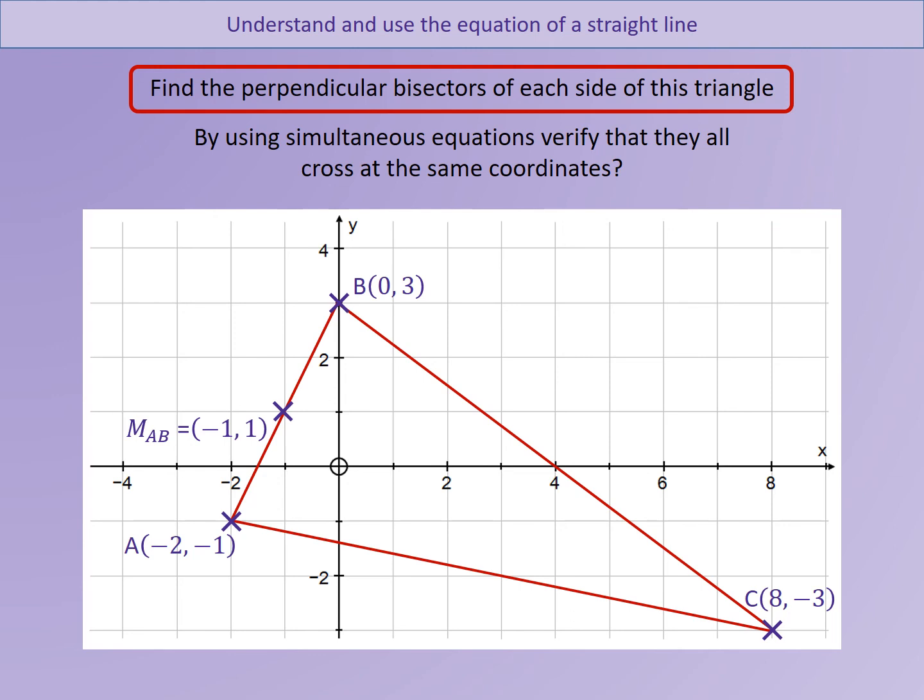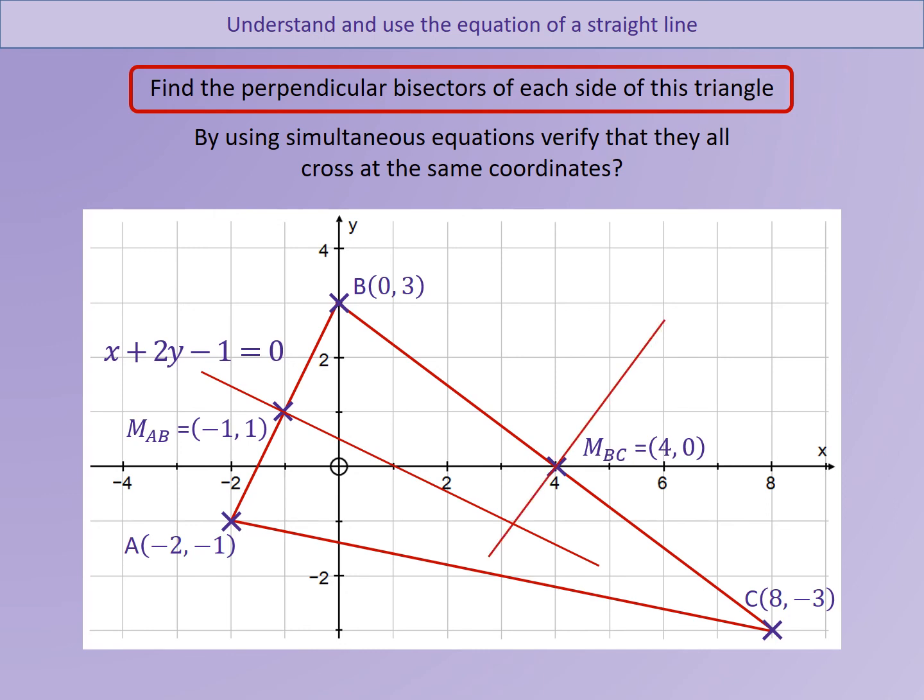So for AB, here is the midpoint, (-1, 1). Here is my perpendicular bisector. It works out, if you've done it correctly, and I've written it in this particular form, x plus 2y minus 1 equals 0. Here is the midpoint between B and C, (4, 0).